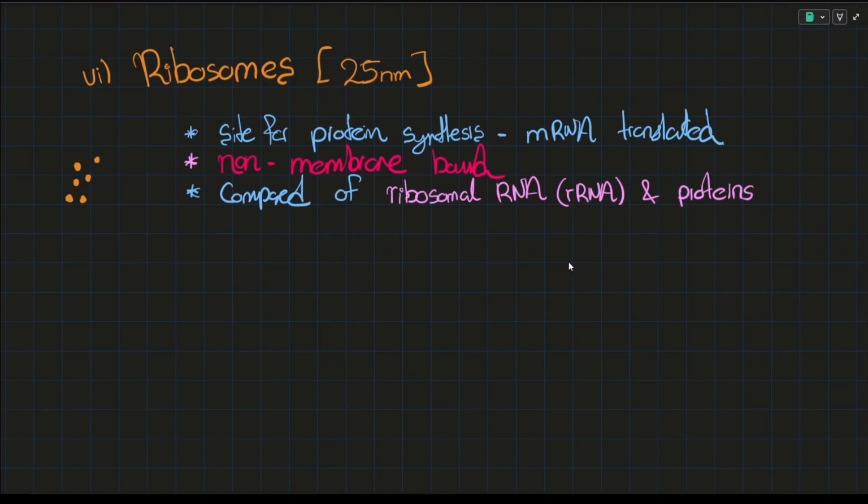Ribosomes are actually classified according to their size. So we have specific size quotations. We call them S units.